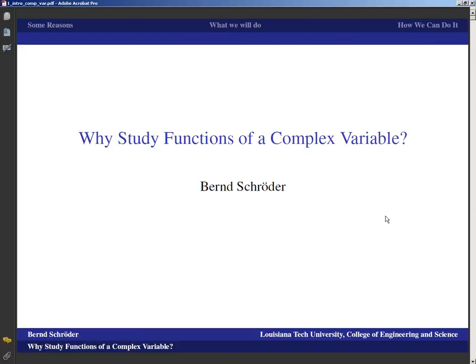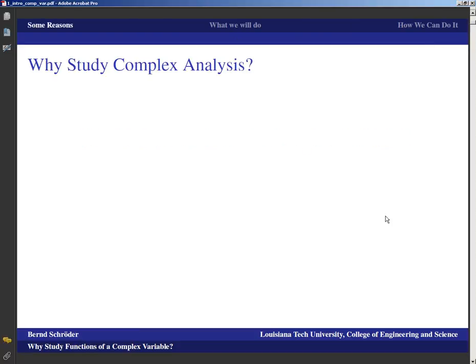So why would we want to study functions of a complex variable? Well, one of the big reasons is that complex analysis has lots of applications.